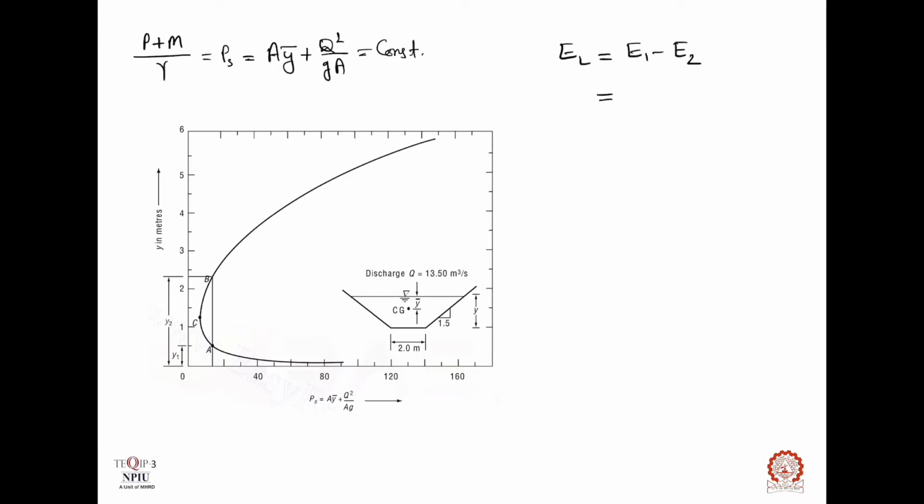E1 minus E2, where E1 is Y1 plus V1 square divided by 2g, and E2 is Y2 plus V2 square divided by 2g.